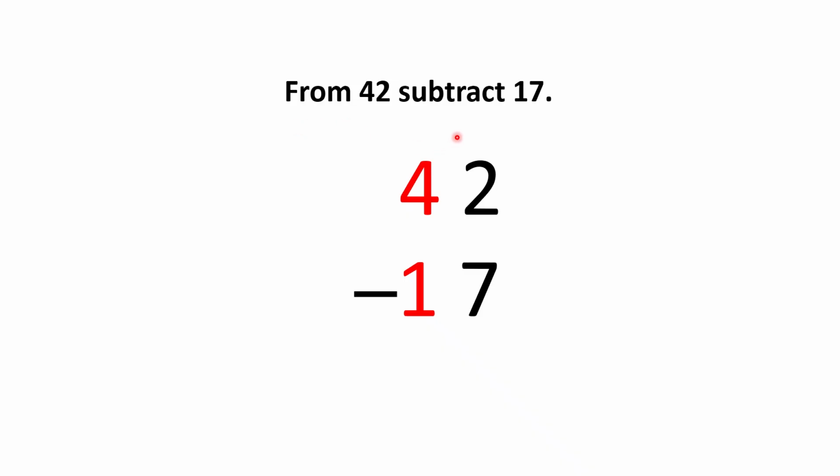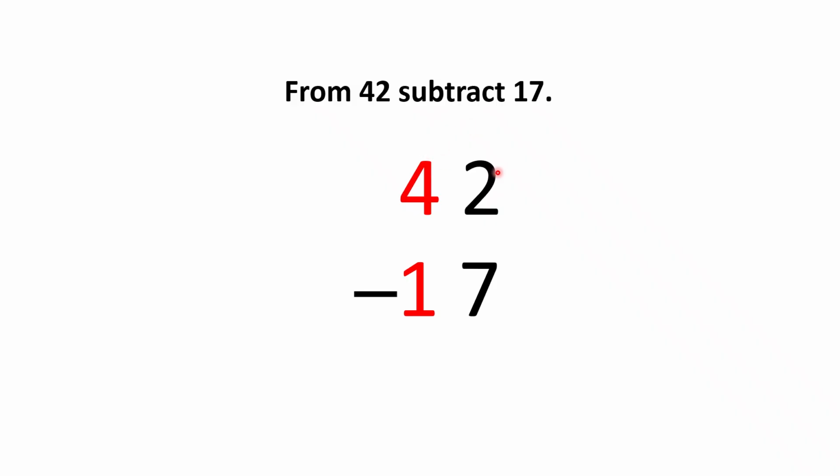Even if the actual question is subtract 17 from 42, the child should rewrite it as from 42 subtract 17. From should be the starting point in case of subtraction.